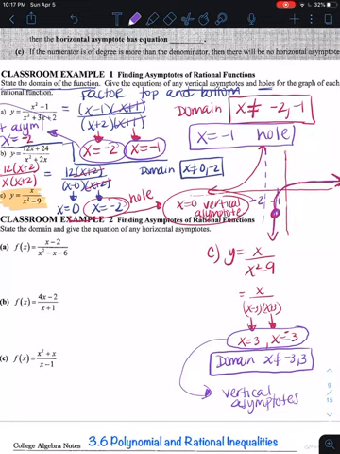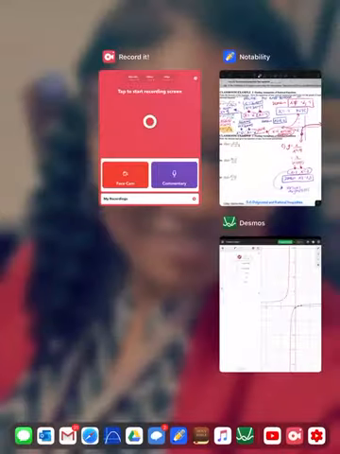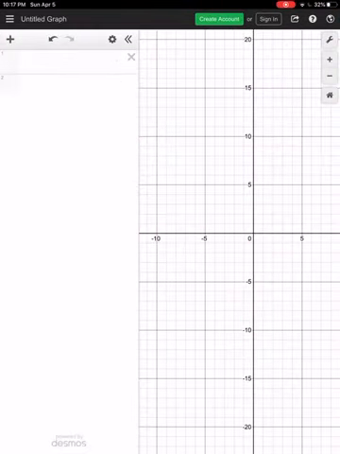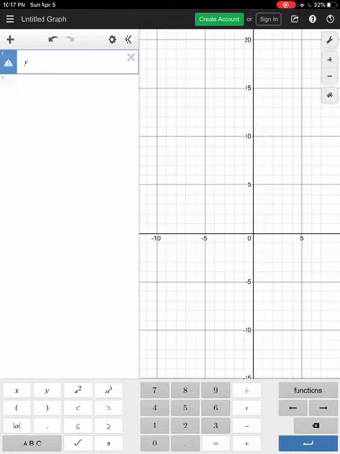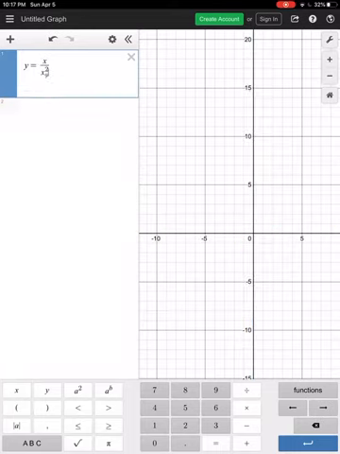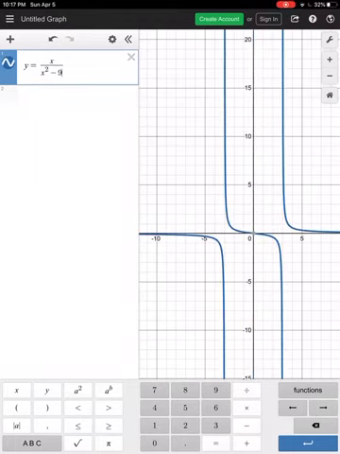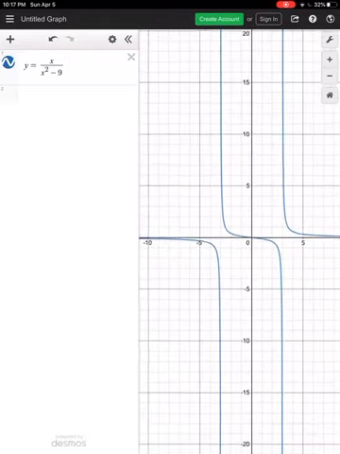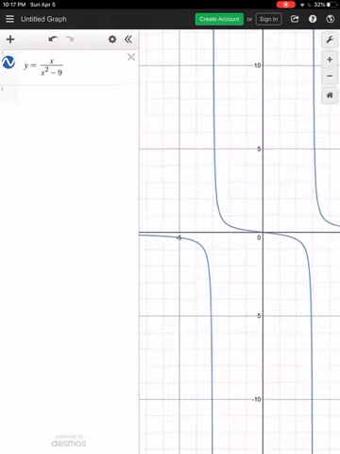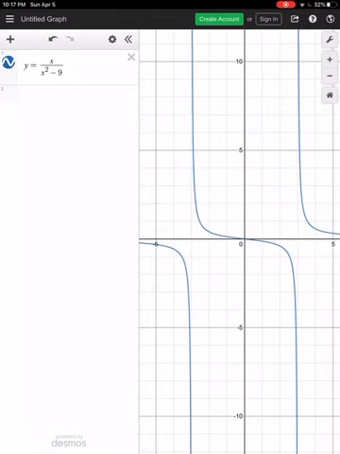All right, let me show you the graph of this. You have a graph where you actually have two vertical asymptotes. So y equals x over x squared minus 9. You have one at -3 and one at 3.